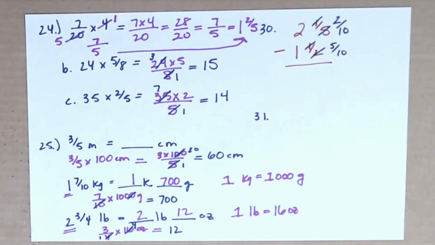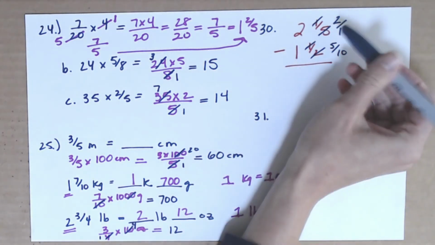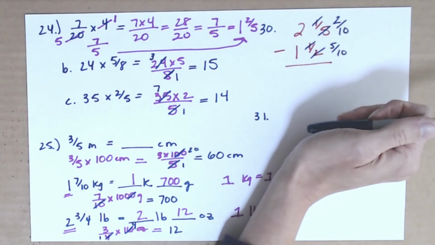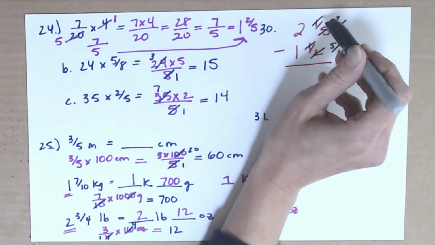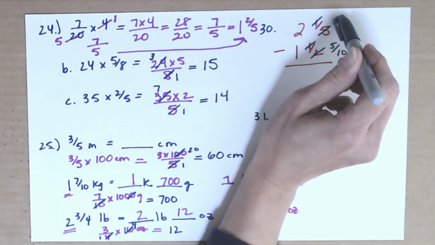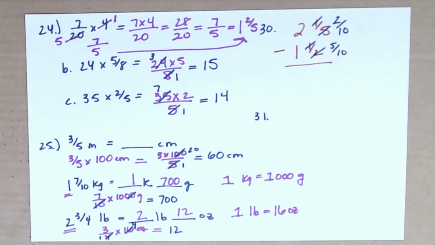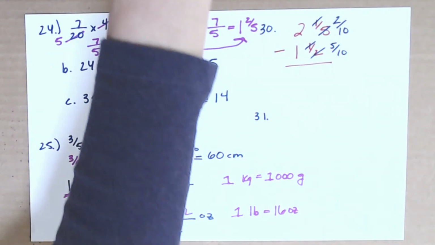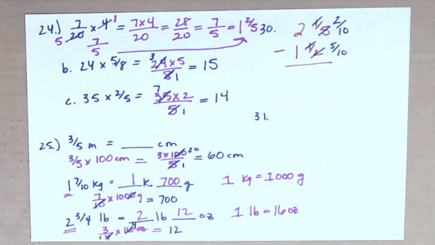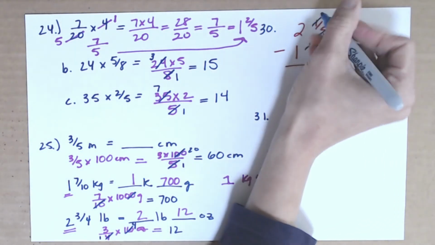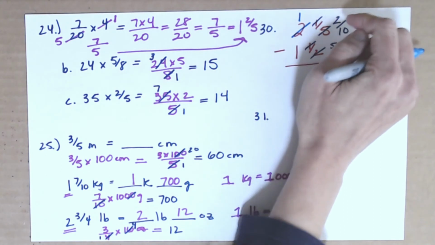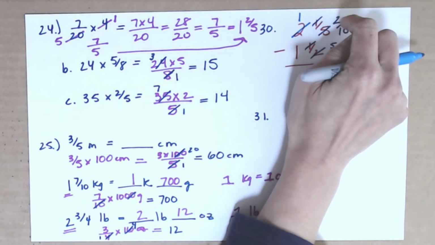Now we have a little problem, because we cannot subtract 5/10 from 2/10 and get a positive number. So we are going to make this fraction bigger, and the way we do that is by taking a whole number out of this 2. So we take 1 away from this 2 and we make it 1, and we add that back to the fractional part as 10/10, which is equivalent to 1.